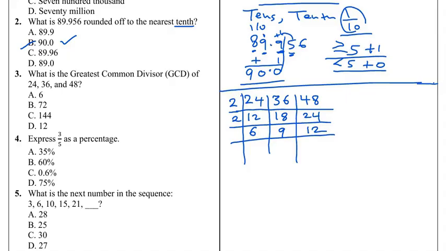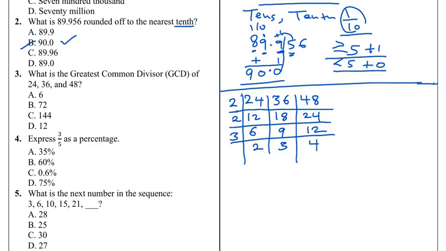9 is not divisible by 2, so we move to the next prime number, which is 3. 3 can divide 6, can divide 9, can divide 12. So here we have 2, we have 3, we have 4.